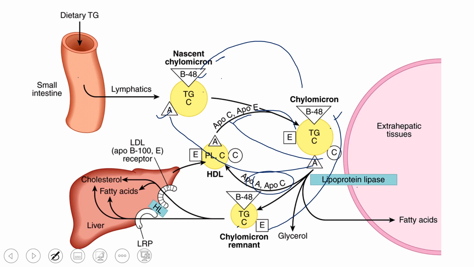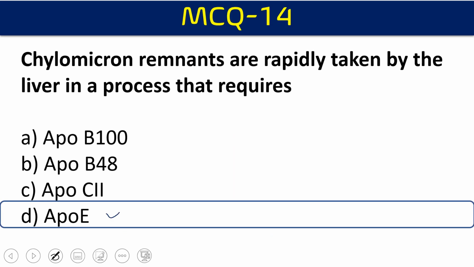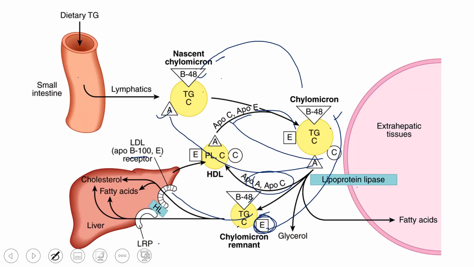So the chylomicron remnant will have only B48 and E. With the help of apoprotein E, it binds to the receptor present on the liver hepatocytes. So it binds to the LDL receptor, which can recognize B100 and E, or it can also bind to LRP. So here apolipoprotein E helps in the uptake of chylomicron remnants by the hepatocytes.